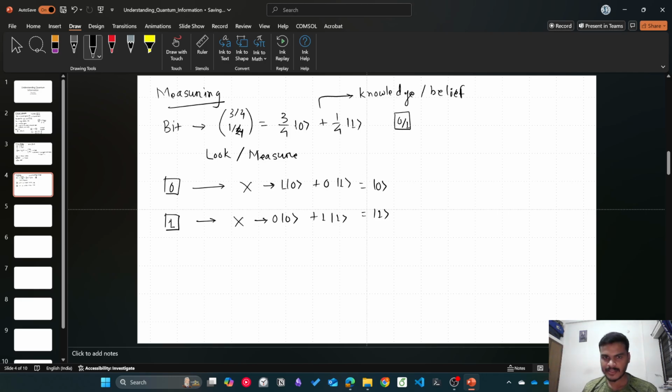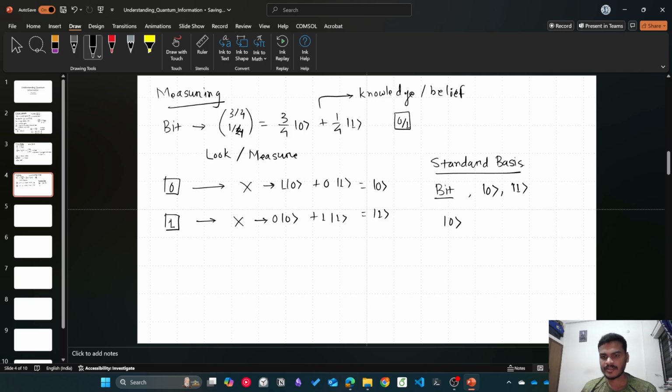So this probability vector represents our knowledge and belief, and when we look at the system or measure the system, that knowledge and belief changes and we get a definite state, which is basically called a standard basis state. What is a standard basis? In the case of a bit, we have two standard basis states, 0 and 1.